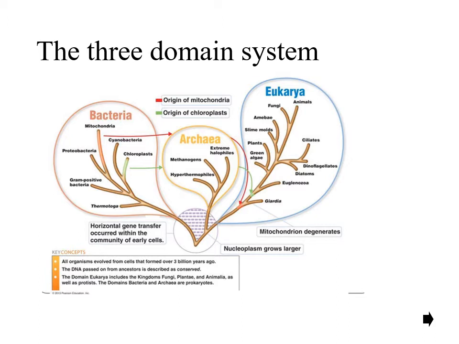This picture looks very complicated, but I don't want you to worry about the details. I want you to focus here: on the left-hand side is the bacteria, then the archaea, and then the eukarya. These are the three main domains of life. What we cover in this course is just a small amount of bacteria, not all.